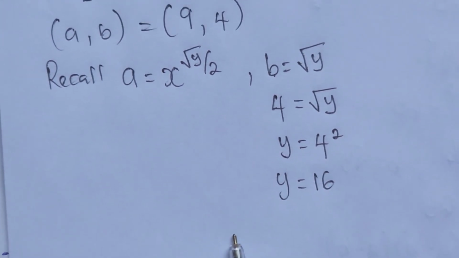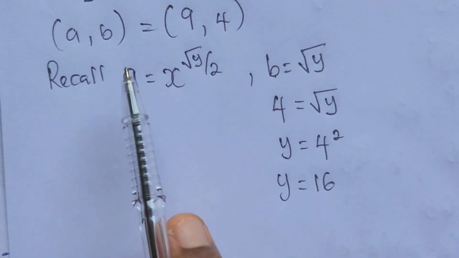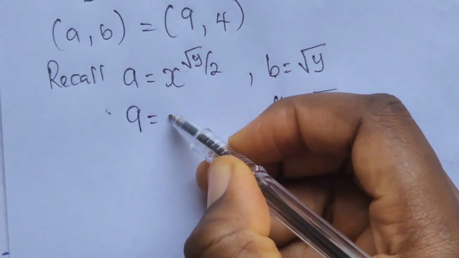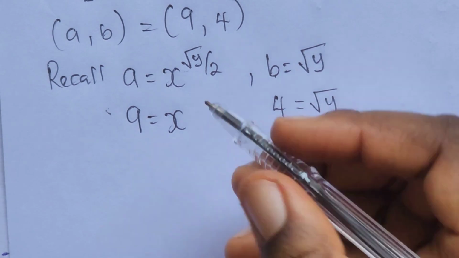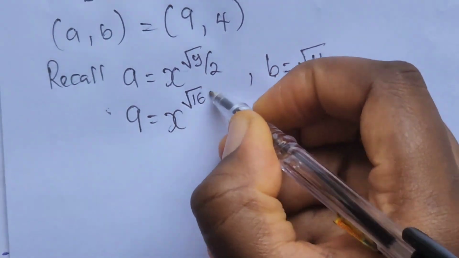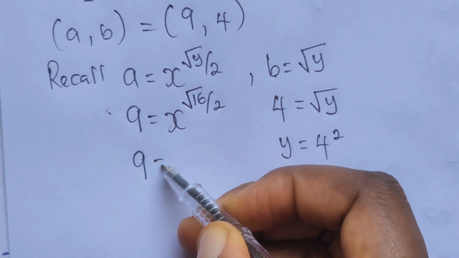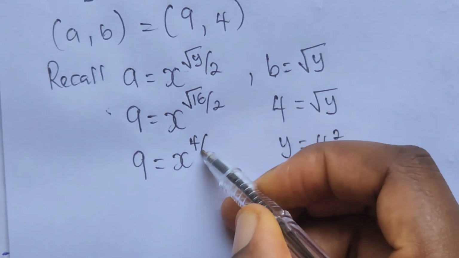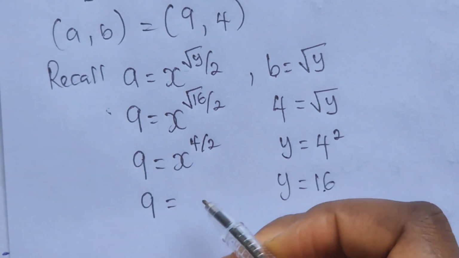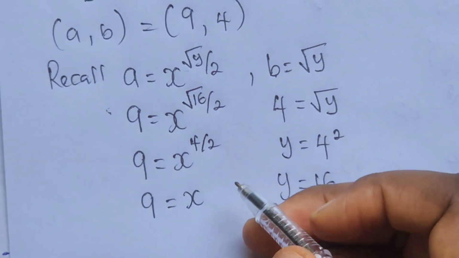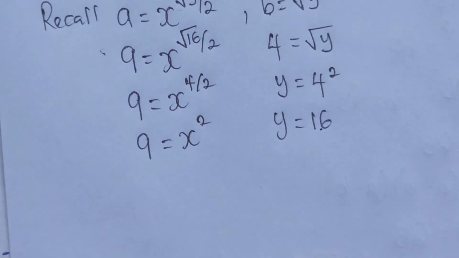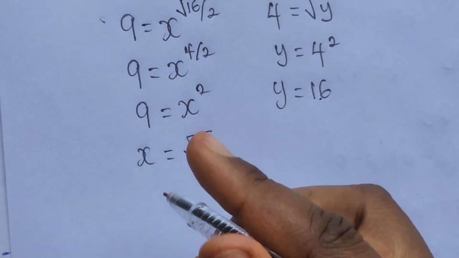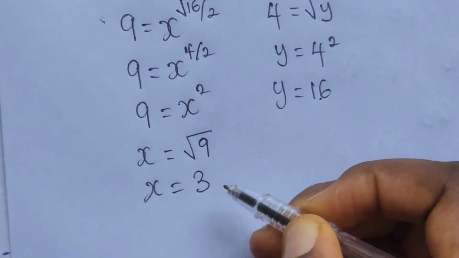So inputting the value of y and the value of a here, we have 9 to be equal to x to the power of root 16 over 2. So we have 9 to be equal to x to the power of 4 over 2. We have 9 to be equal to x squared. So our x is equal to the square root of 9, and our x is equal to 3.